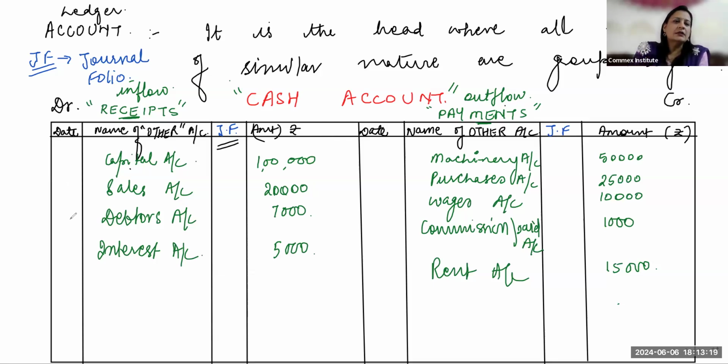Whenever the things are made at those days, we mention the date, and then we keep on putting the amount, receipt side or the payment side, right? And then the beginning of any account will begin with the balance brought down.